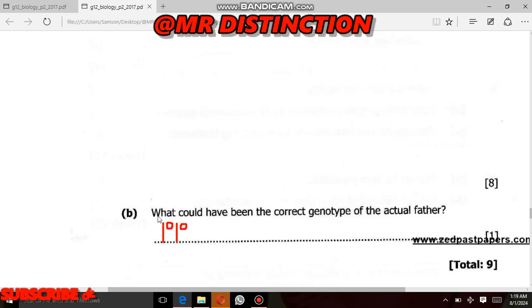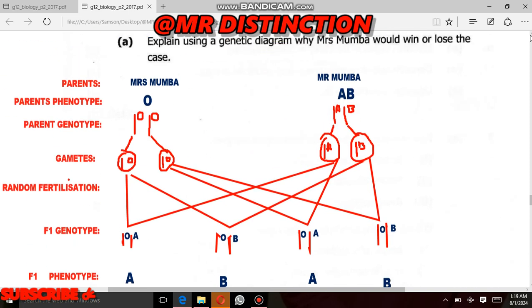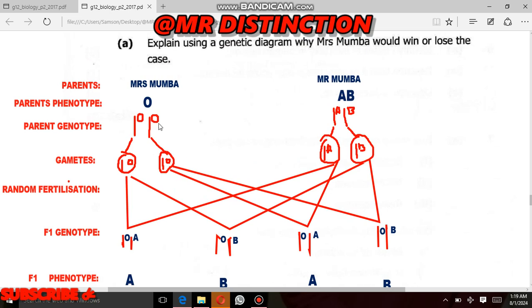Those were the answers. The simplest one is this one. If you cross this one with those of Mrs. Mumba, you can see that we can have a child who would have blood group O. Those were the answers for this question.